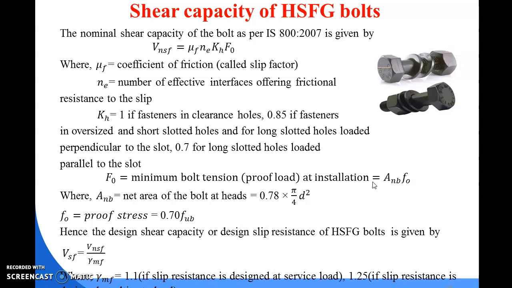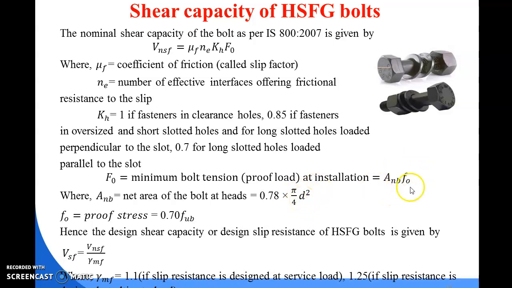Anb into small f0. You already know about the Anb, which you can already calculate from the normal bolt connection, where the formula of Anb equals 0.78 multiplied by π/4 d², where d is the diameter of the bolt.